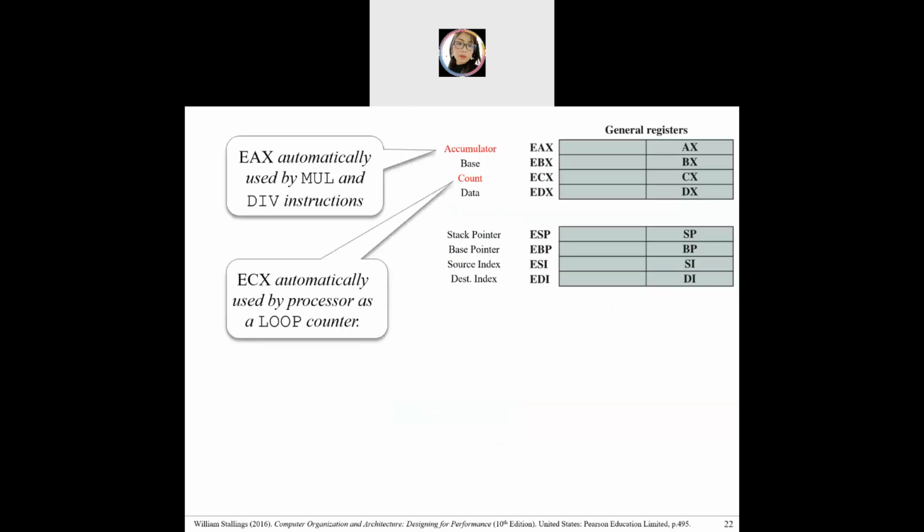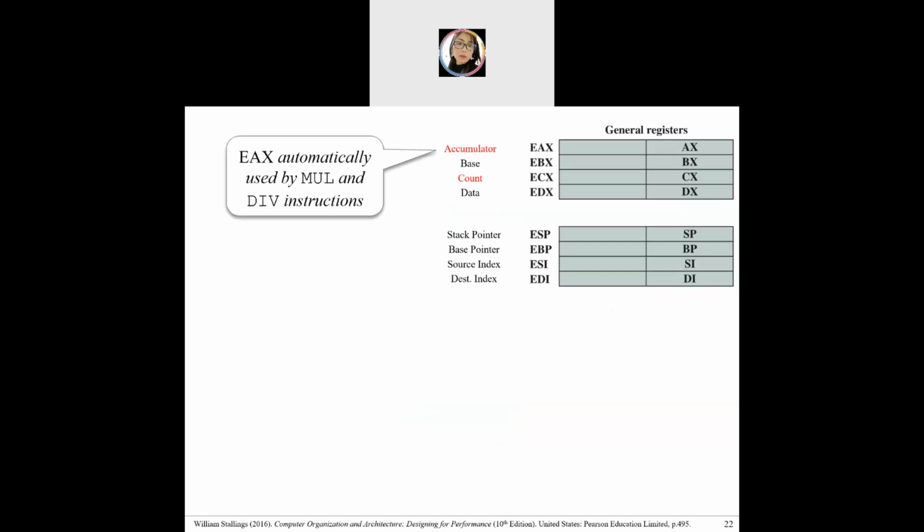So you can see here one by one, what is the function for EAX? It is automatically used by MUL and DIV instructions. So now you know, okay, last time you just applied it, but now you know in depth that this is the function for EAX.